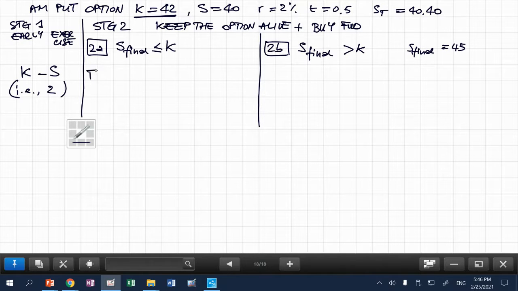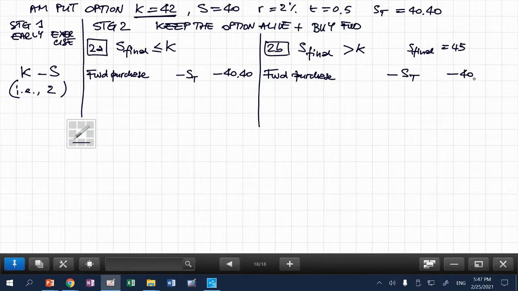In both cases, I have the forward purchase. So I pay ST. In numbers, I'm paying 40.40. I'm already writing it twice because this also happens in scenario 2B. Now, let us consider in scenario 2A in which way I sell the stock that I've purchased.